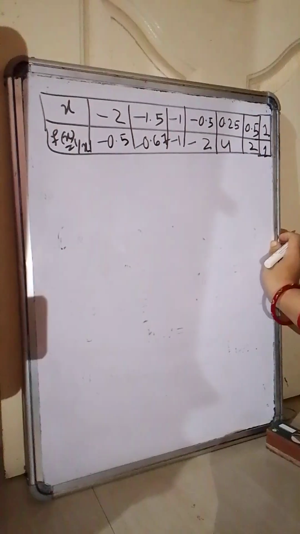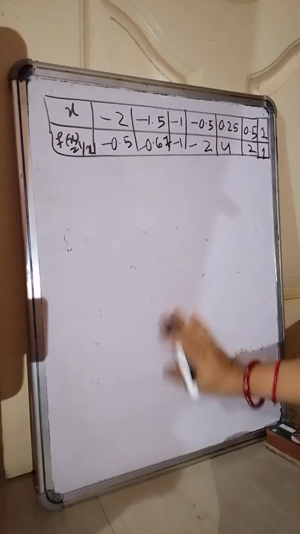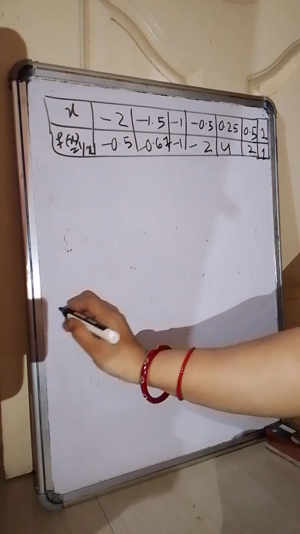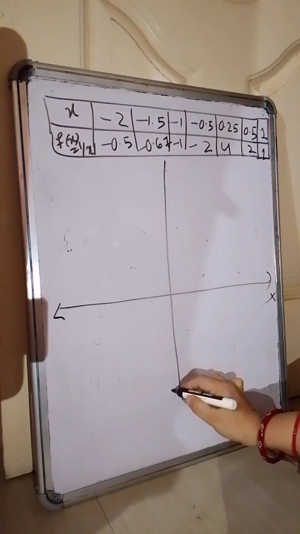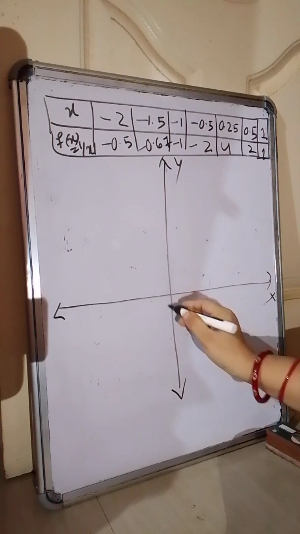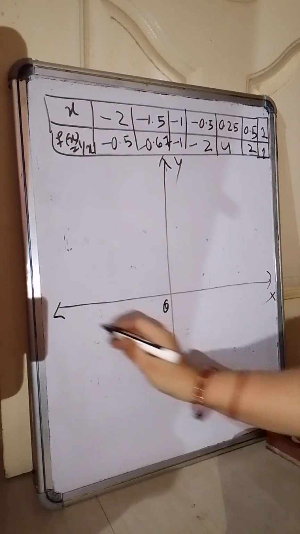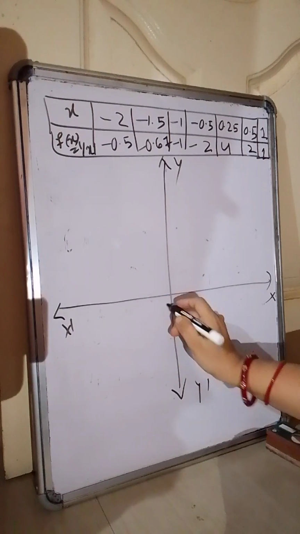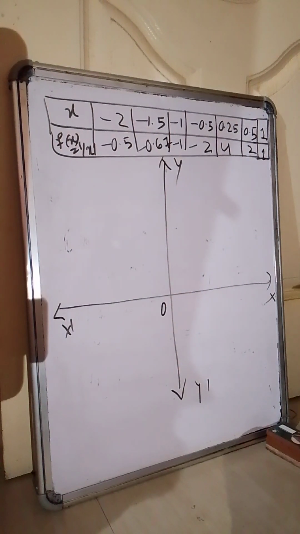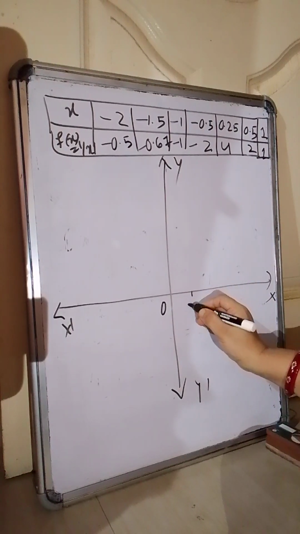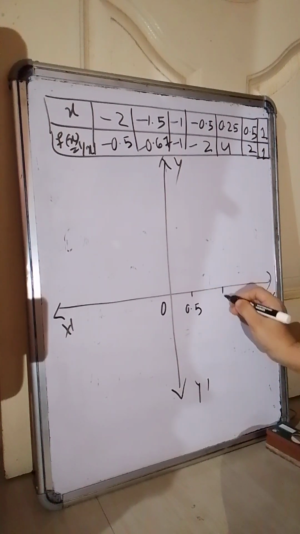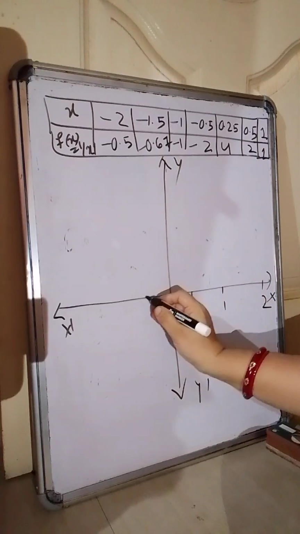you need two axes, that is your x axis, y axis, y dash, x dash. This is your origin. Now you take some values here. Say this is 0.5, this is 1, and this is 2.